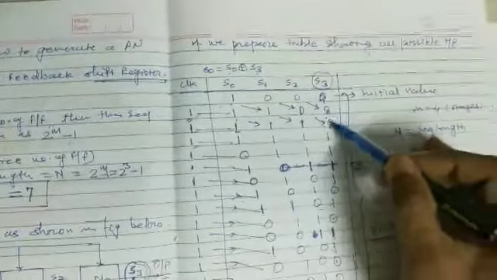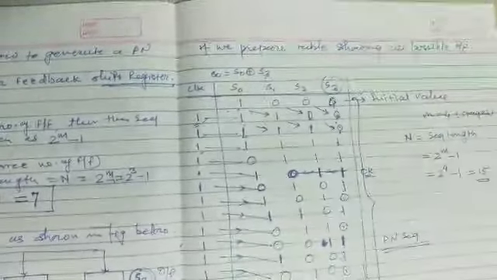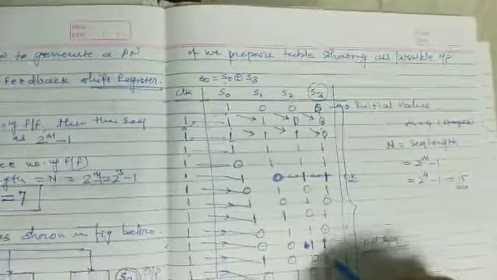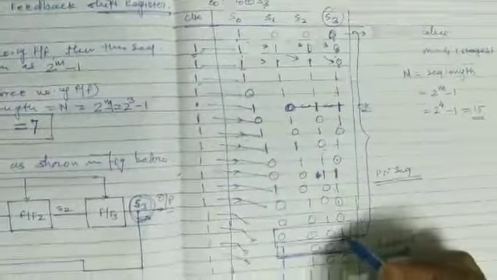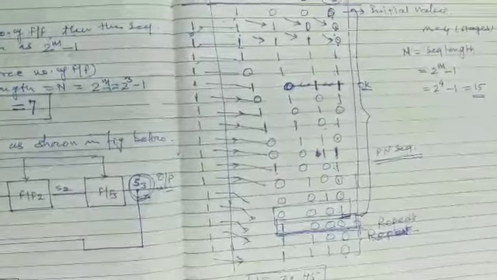It is the value available at the output of S3, that is: 0 0 0, then 4 times 1, then 0 1 0 1 1 0 0, and then the last one, that is 1.